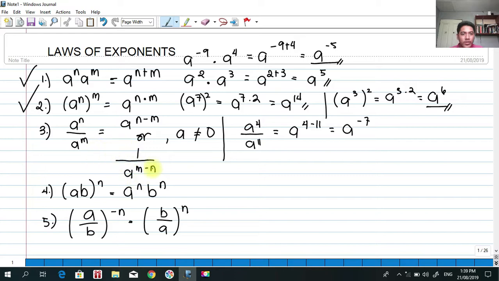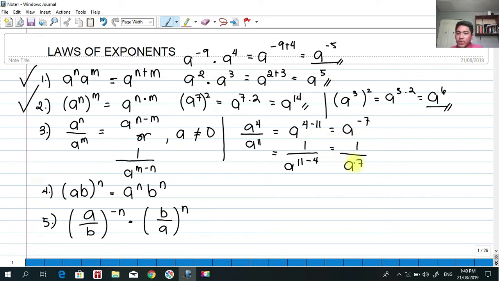If we're going to use the second form, still no problem. What will happen is 1 over a raised to m minus n, where m is actually 11 and n in this case is 4. So we get 1 over a raised to 7.